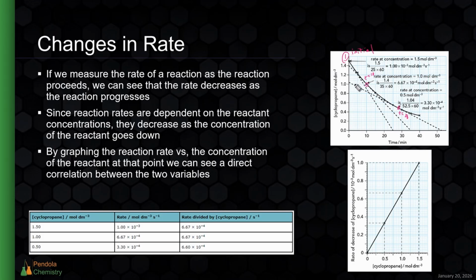So as we can see, we have tangent line 1, tangent line 2, and tangent line 3. So I'm going to mark where they end. So this is 1, 2, and 3. What we can see here is that as the reaction proceeds from 0 minutes to 10 minutes to 28 minutes, the rate of the reaction is going to decrease.